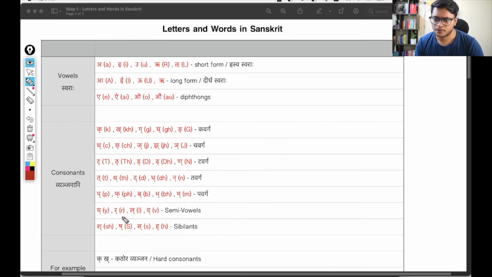Now one thing you may have noticed: ya, ra, la, va are called semivowels. Why they are called semivowels, I'll quickly explain. If you write E and then A and say these two vowels together, iya, the sound that emits is similar to ya.